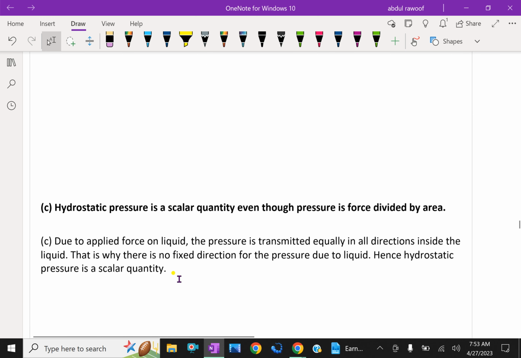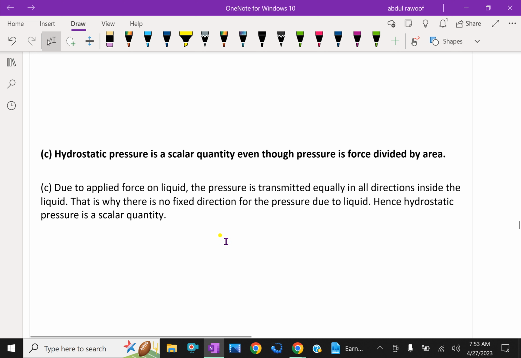Due to an applied force on a liquid, the pressure is transmitted equally in all directions inside the liquid. That is why there is no fixed direction for the pressure due to a liquid. Hence, hydrostatic pressure is a scalar quantity.